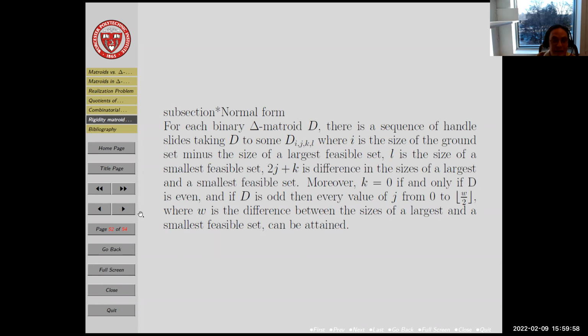But in the Delta-matroid world, you can just do it ordinarily, except it's only really defined for binary matroids or binary Delta-matroids, which I didn't get into. But this is something that we are working on right now.